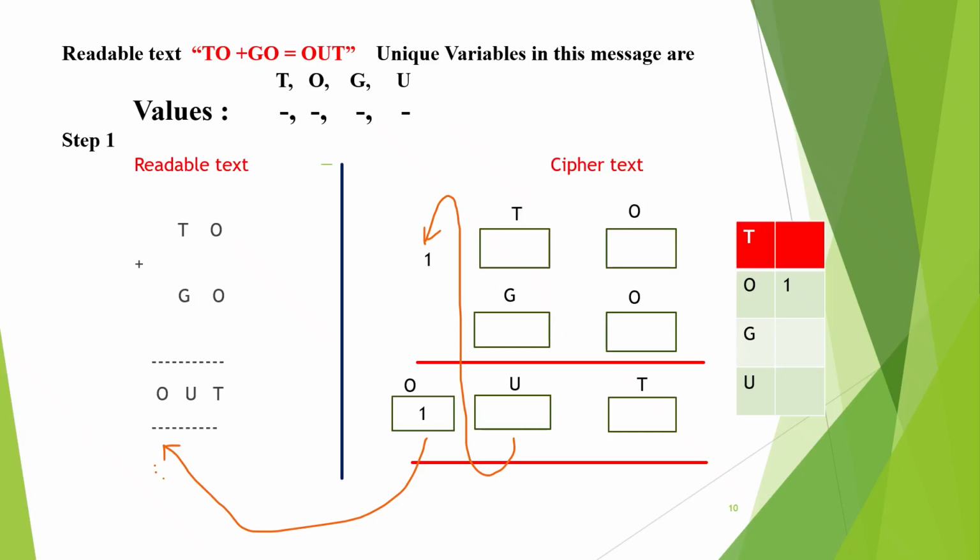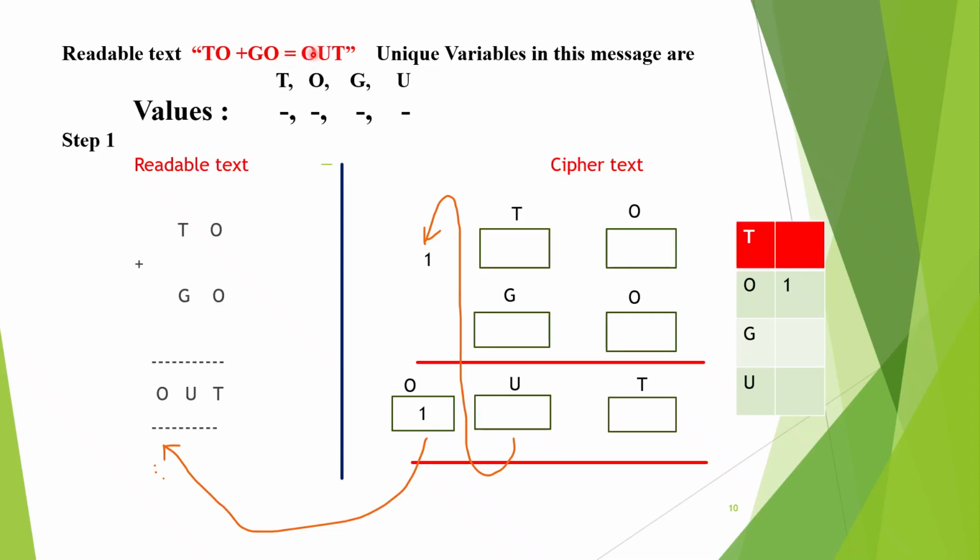Now take the readable text: T O plus G O equals O U T. Now take the unique variables in the message. First take T. T is a unique variable. Then O, G. Here the variable O is repeated, so ignore it.